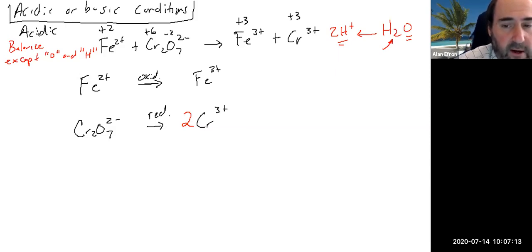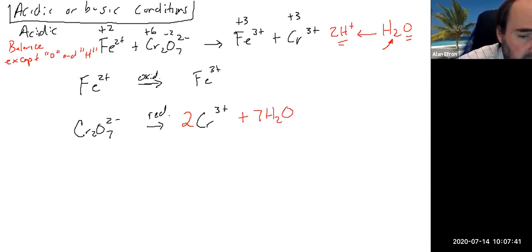So whichever side needs the oxygen, you add the appropriate amount of waters. And then for every water that you add to the opposite side, you add 2 H pluses to balance out the hydrogen. So to see how that works, in the top one, there is no oxygen, so we don't have to worry about it. In the bottom one here, we have 7 oxygens on the left, 0 on the right. So to balance that out, we would put 7 waters over here on the right-hand side.